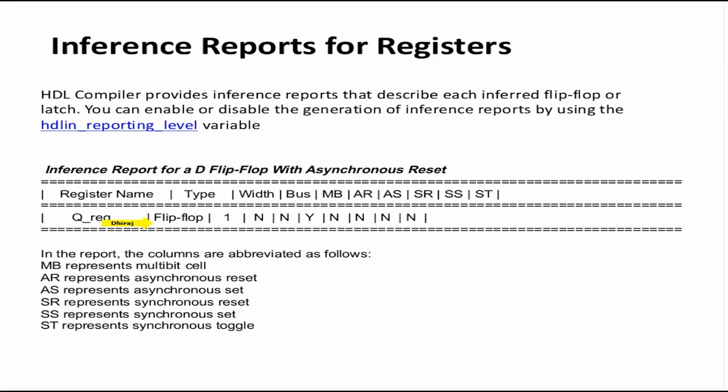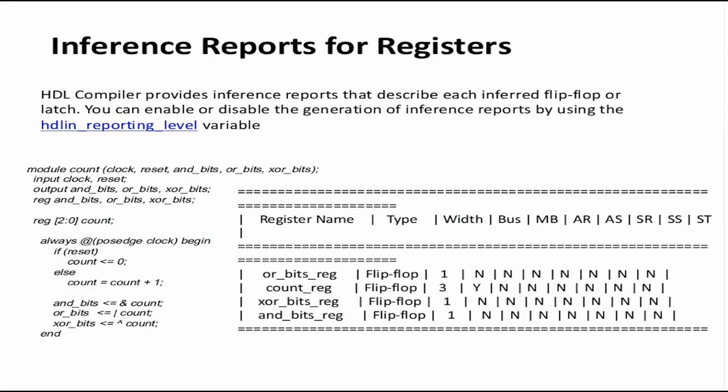You can grep for latch in this elaboration report and correct all such unintended cases. Usually, the most common mistake is not specifying every case in the case statement. It results in a latch. You could grep for latch in this report and correct it.